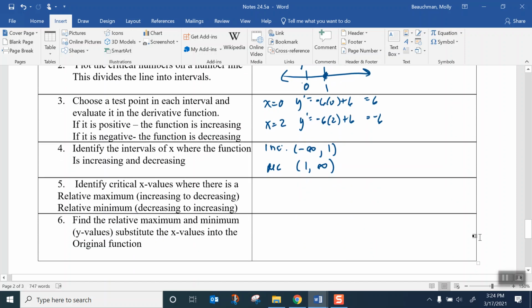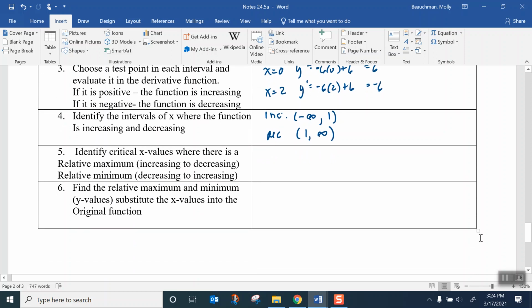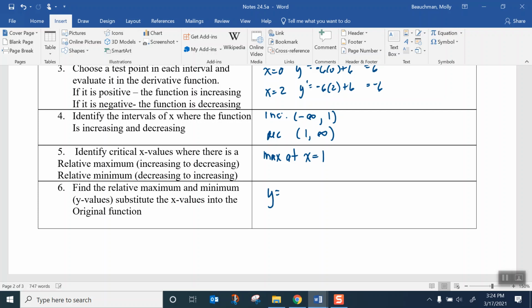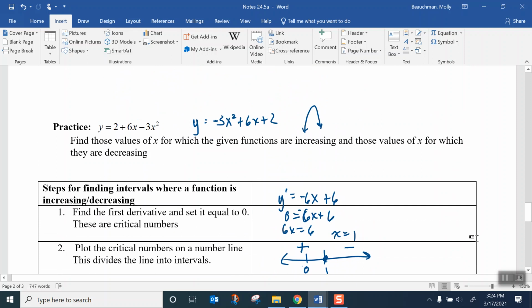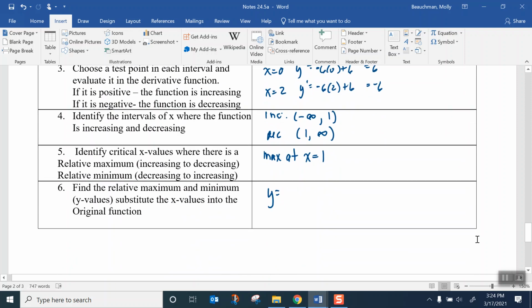Now, to actually find the relative maximum or minimum, since our function is going from increasing to decreasing, there's a relative maximum that occurs at x equal to 1. To figure out what that maximum is, take 1 and substitute it back in the original function, which was -3x squared plus 6x plus 2.